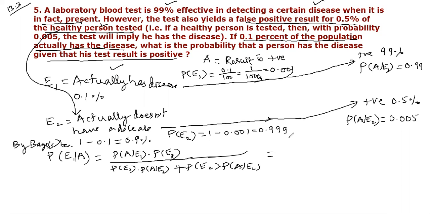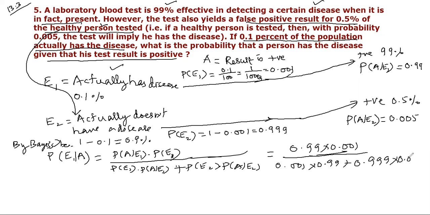Now substitute the values: 0.99 into 0.001 divided by 0.001 into 0.99 plus 0.999 into 0.005.